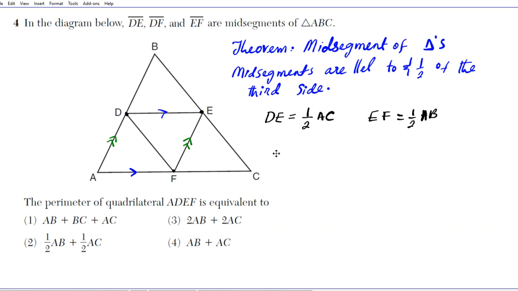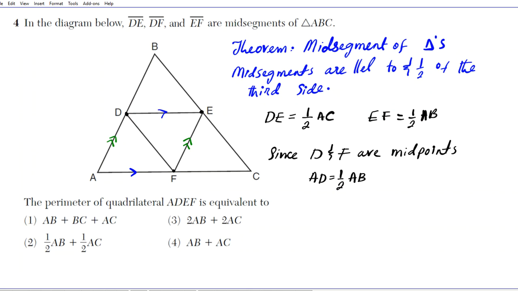Okay, so since D and F are midpoints, basically where the mid-segments touch the sides, we can write down some equations. We can write down AD is going to be 1/2 of AB.